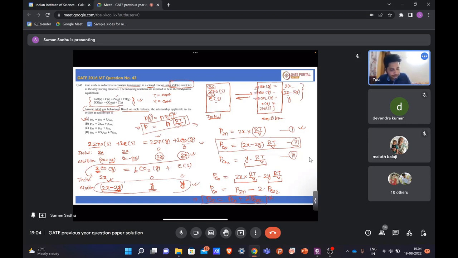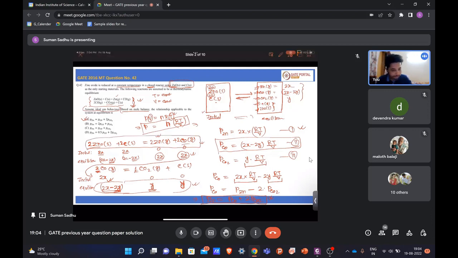Also some amount of carbon and ZnO will be there as the unreacted part. Now the first step to approach this question is that we have to do the mole balance. Even in the question it is mentioned you have to do the mole balance. So you simply write these two equations and do the mole balance.